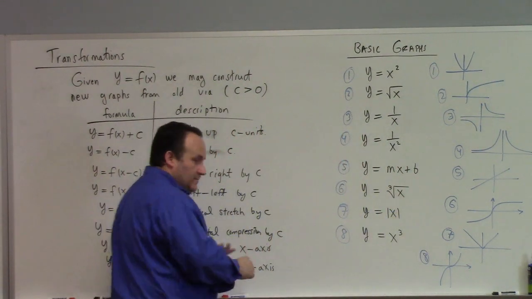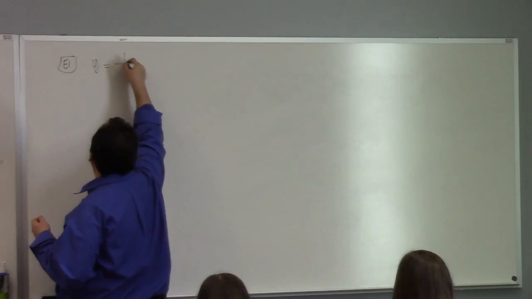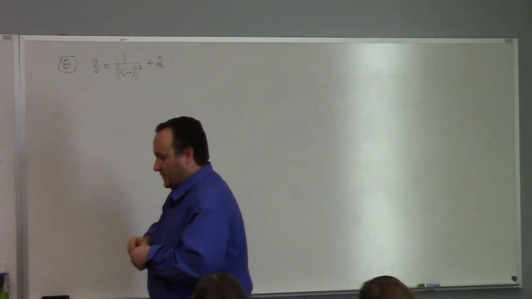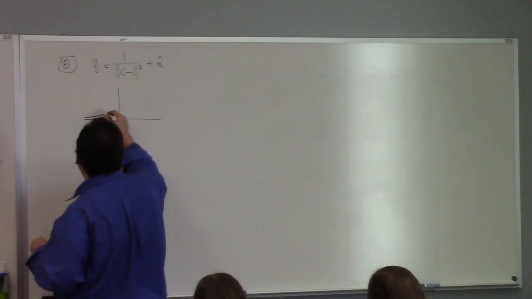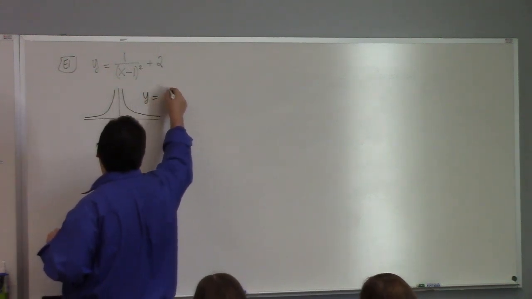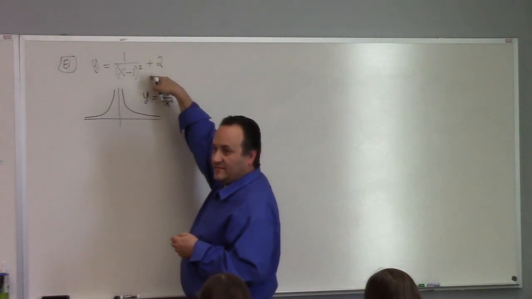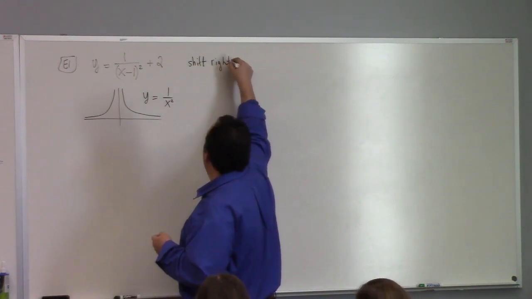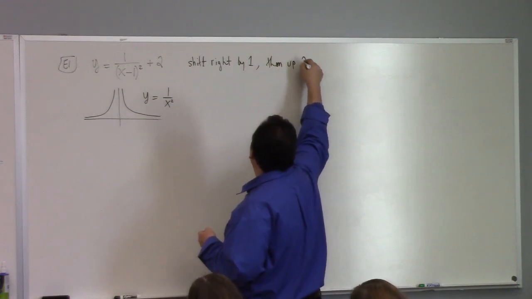So, example. If I was going to graph y equals 1 over (x minus 1) squared plus 2, the way I would do that is I would start with the volcano function, which is this. And then I look at the formula. What's it saying? It's saying shift right by 1, then up 2.